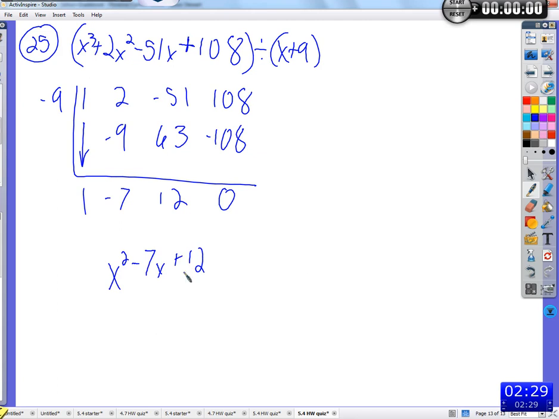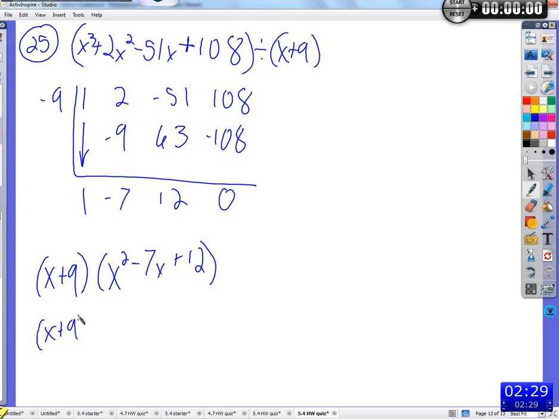So what if we multiply the result by x plus 9, what are we going to come up with? That original, right? That whole big thing. If we multiply x plus 9 by the quotient, then we should come up with that.